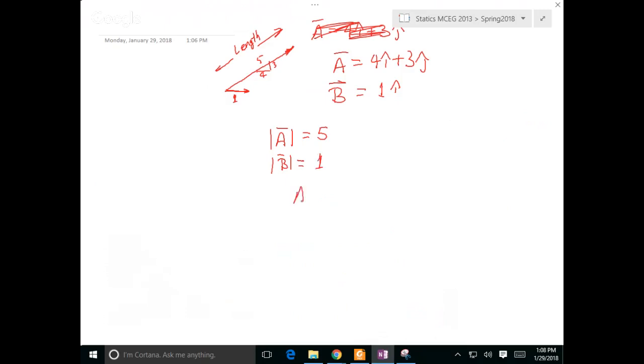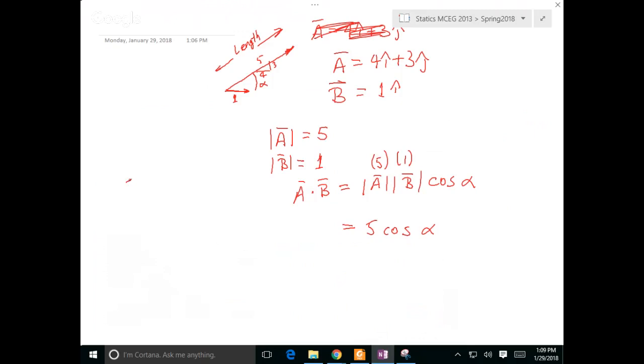If I dot A with B, I get the lengths, 5 and 1, times the cosine of the angle between them. So the only thing I get is 5 cosine of alpha.